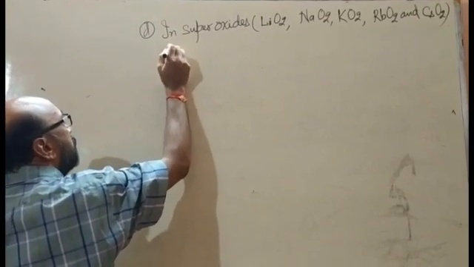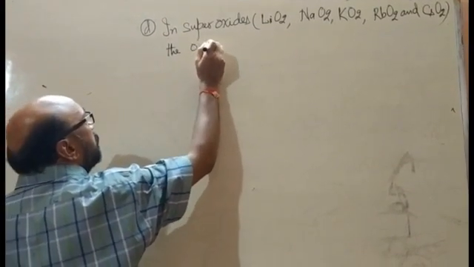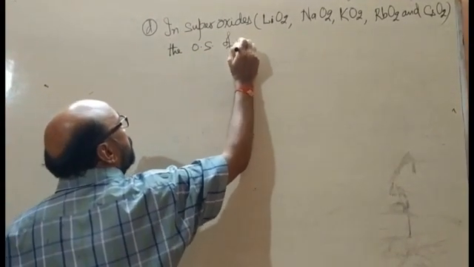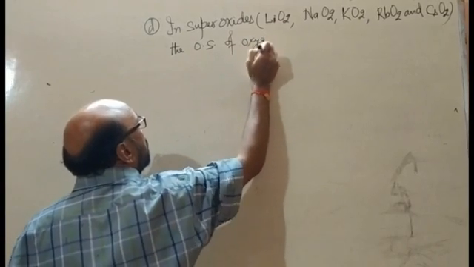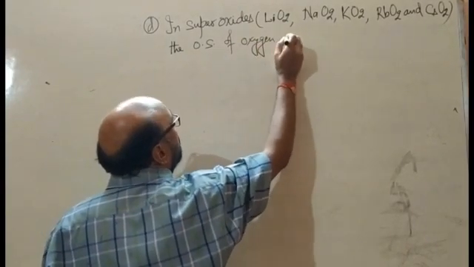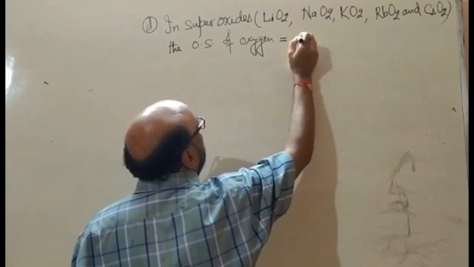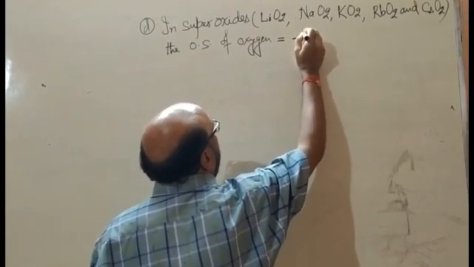The oxidation state of oxygen is equal to minus half.